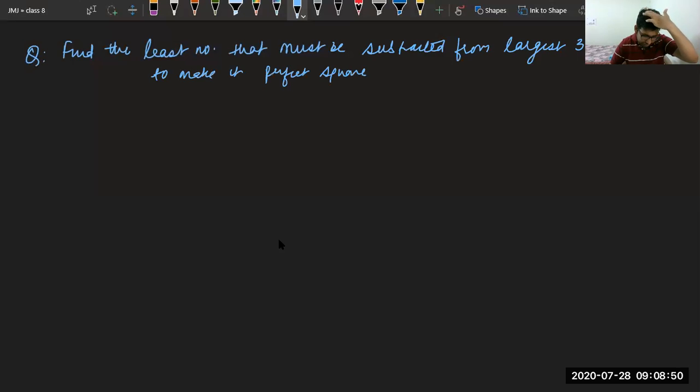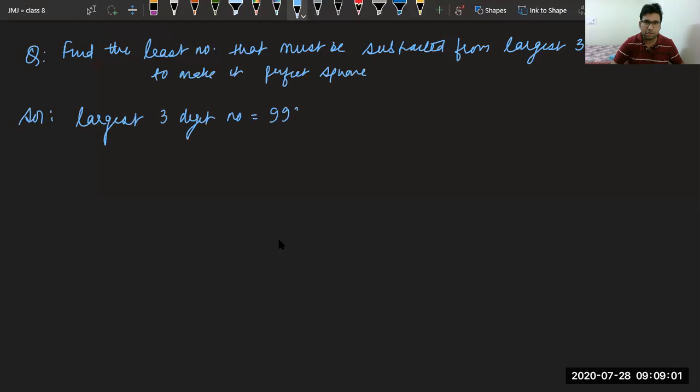Rachit saying 118. Others please try. We all know that largest 3-digit number is 999, and it is not a perfect square. All of you try to find by long division what is the remainder. Just subtract that remainder and you will get the largest 3-digit number, which is a perfect square. Let's start. Sarah is saying 189.